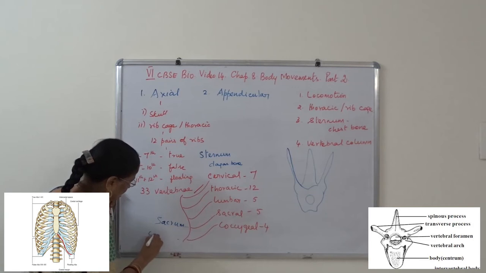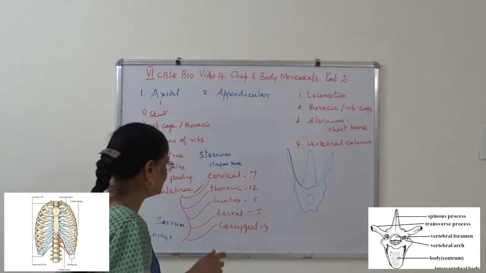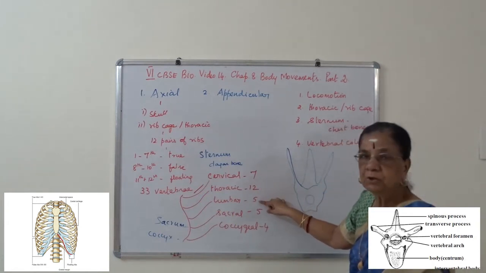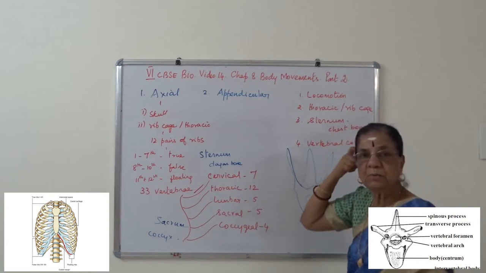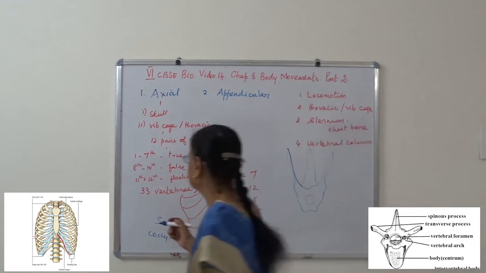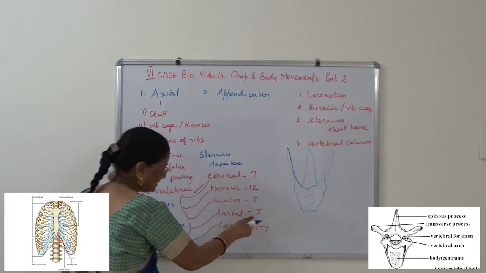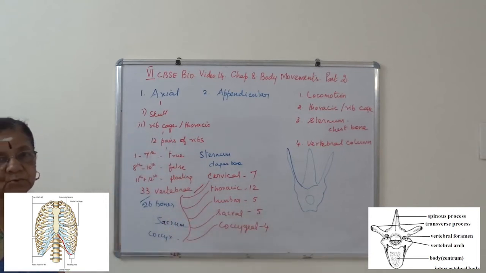Same way, the coccygeal bones fused to form the coccyx. So totally, 12 plus 7 is 19, 24, 25, 26. These are considered as single bone. So totally 33 vertebrae, but there are only 26 bones. In 26 bones, 5 sacral are a single bone, 4 coccygeal are a single bone. Are you clear?